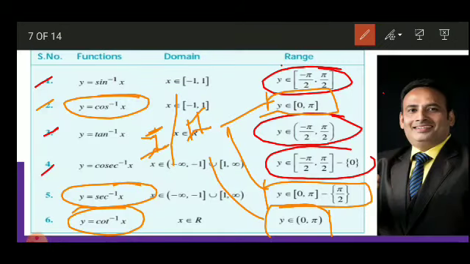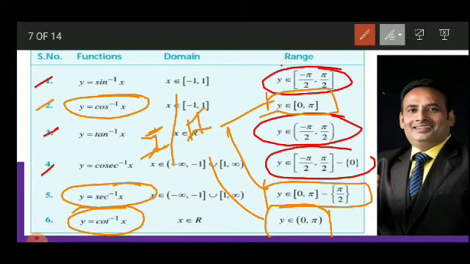Let's see. Because tan inverse x, which quadrants does it share? First and fourth quadrant, minus pi by 2 to plus pi by 2. Not only tan inverse x, any inverse trigonometric function doesn't share the third quadrant.